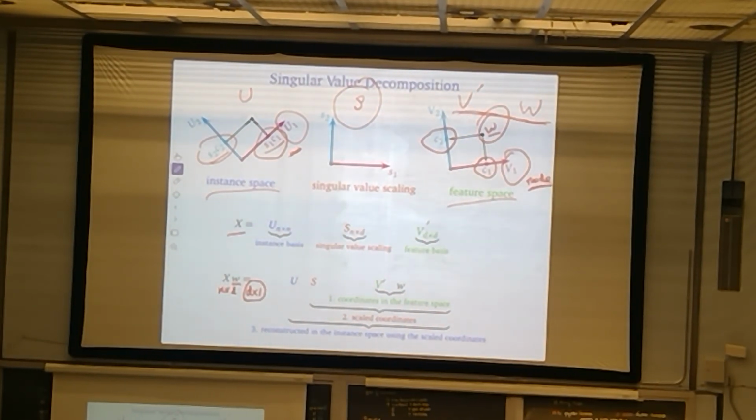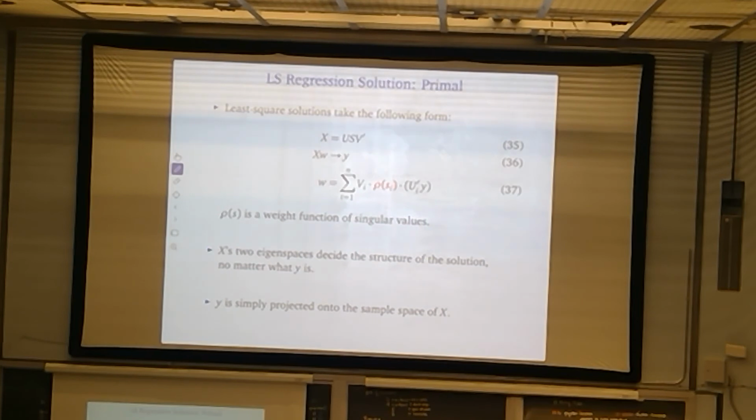Now we're going to take this view to look at least square linear regression again. I have the linear regression goal: X acting upon W approaches Y as close as possible. Any least square solution can be understood as this modification by the singular values of U and V for the data matrix.